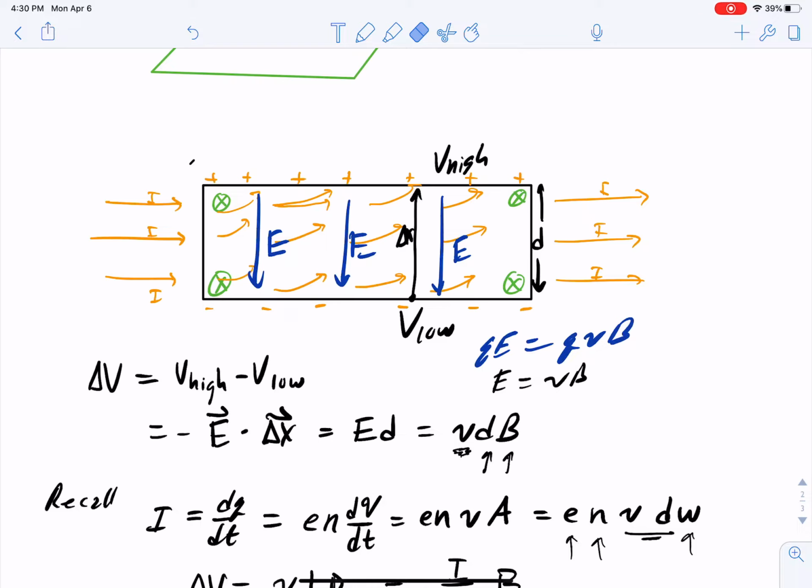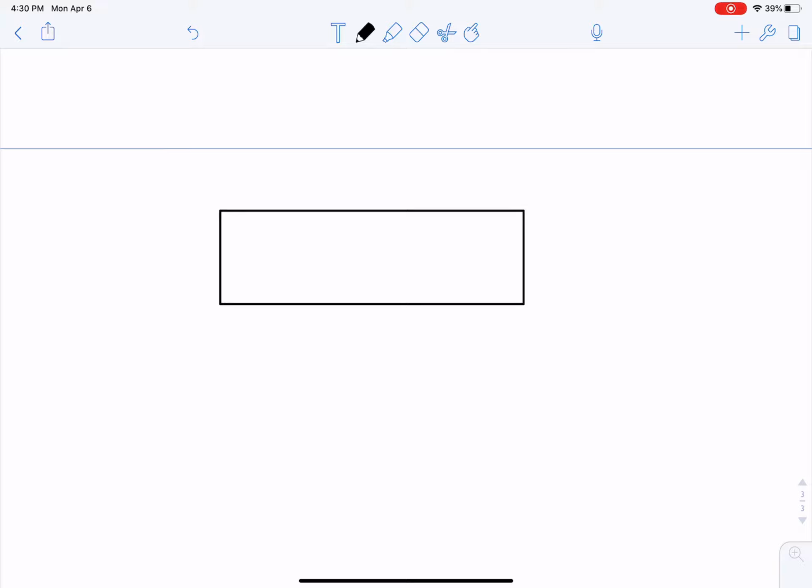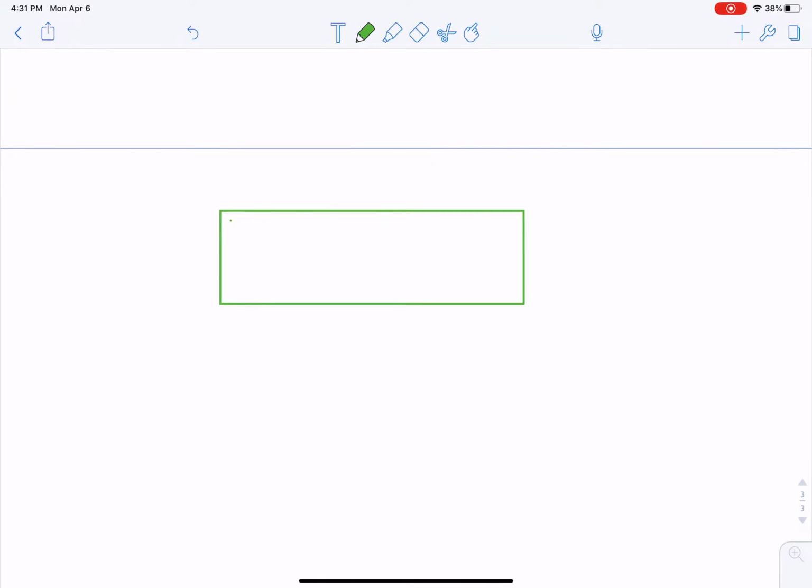I just want to remember here that we ended up with a positive charge on the top and negative charge on the bottom. So let's try this again, with the magnetic field still in the same direction.